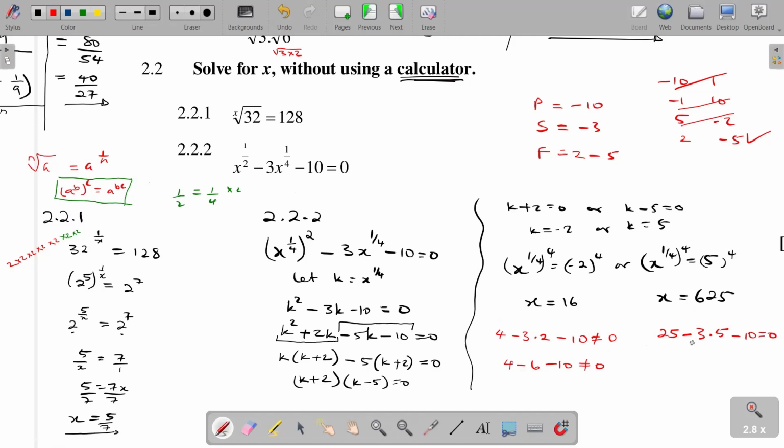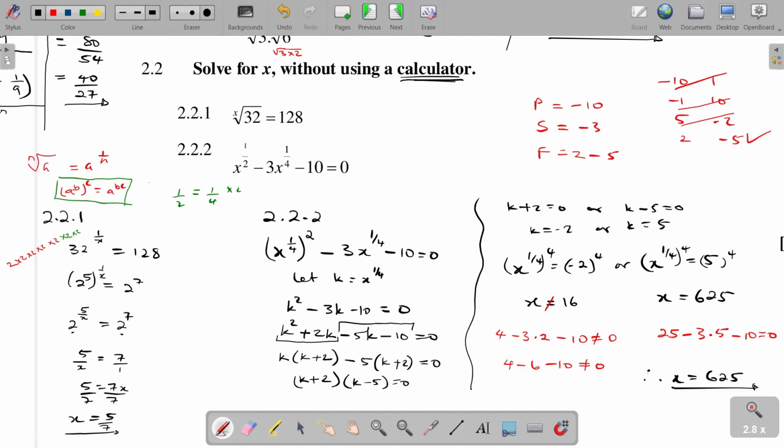If you check, 25 minus 15 is 10, minus 10 is 0. So 16 is not a solution. Therefore, x is only equal to 625.